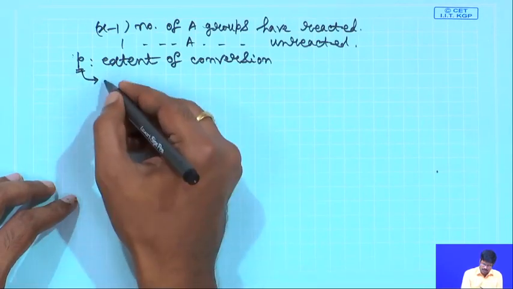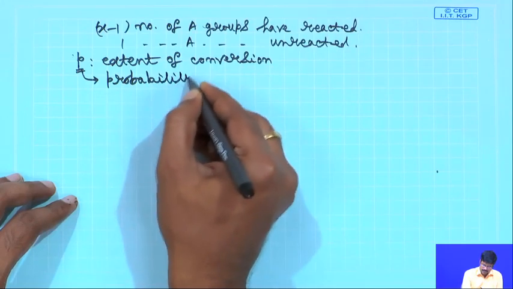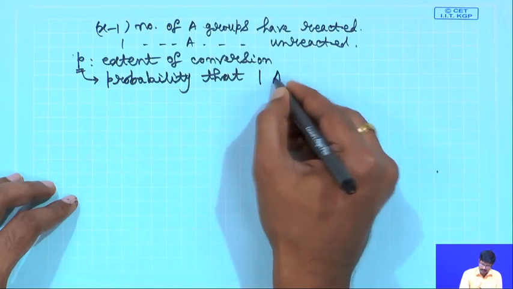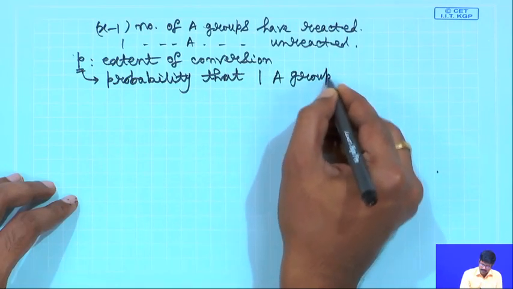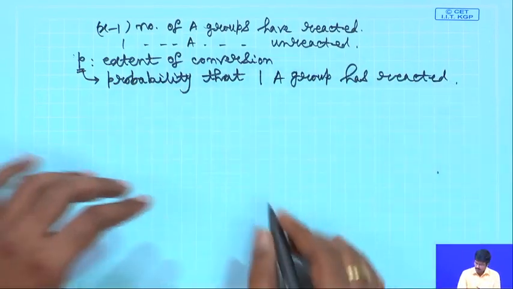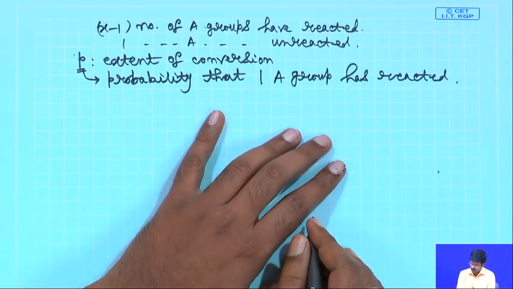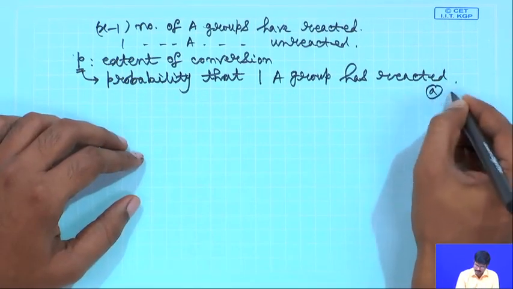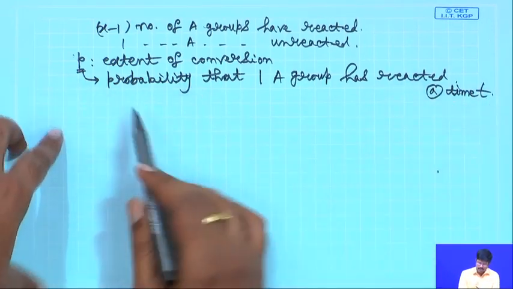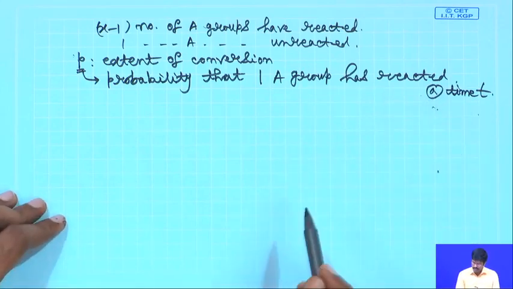P can also be termed as the probability that 1 A group has reacted at time t. Everything is at time t. So, this is the probability that 1 A group has reacted at time t.